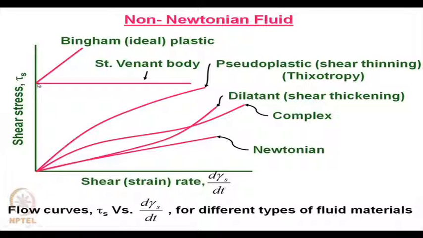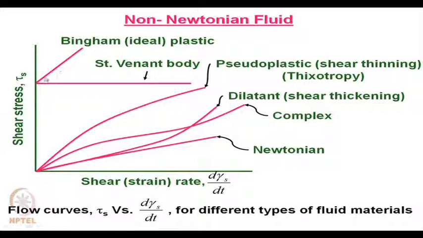There is some instantaneous deformation, that means this much of stress it can bear without any shear strain. At zero shear strain rate, this is the stress value which it can bear, and beyond which it requires an increase in stress value. That means the variation of shear stress with shear rate increases linearly.